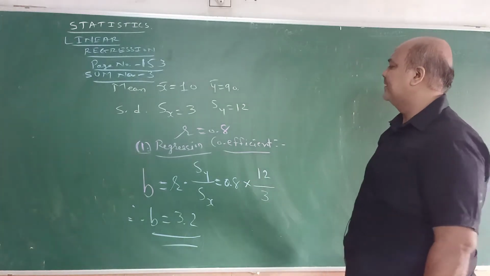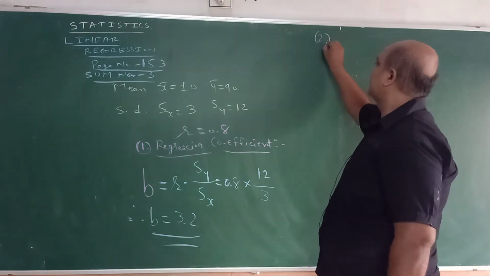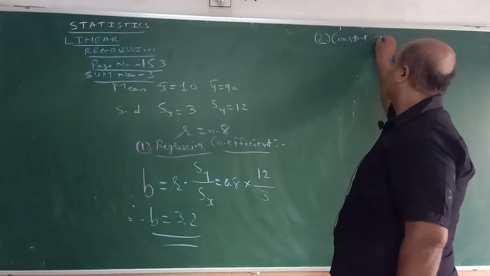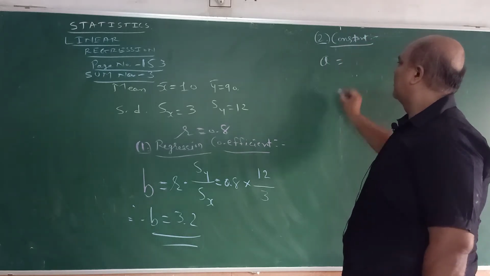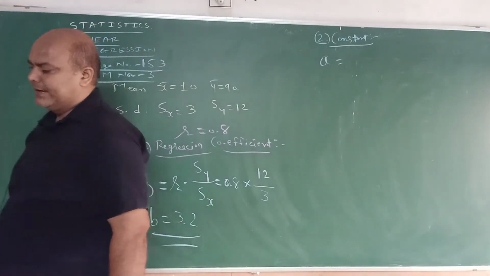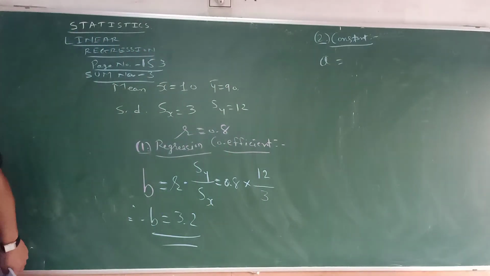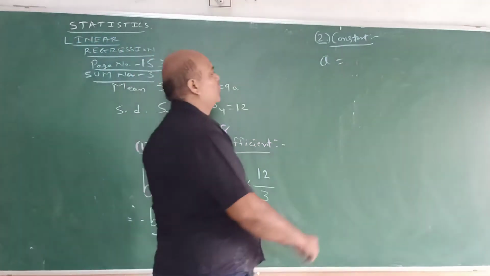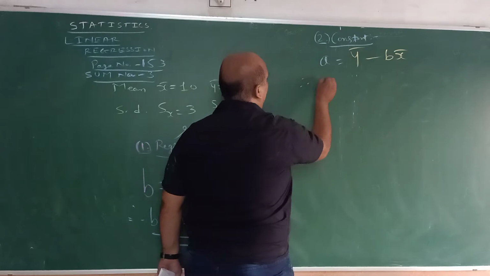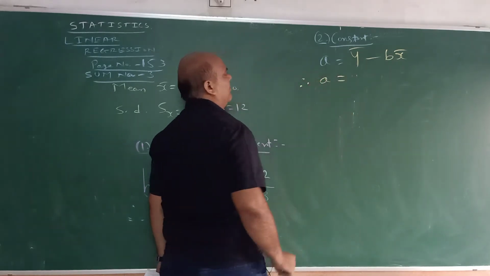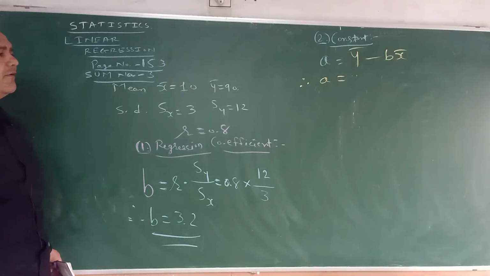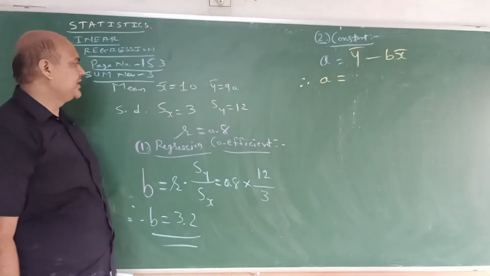Now the second step is the constant. The formula for the constant is a equals y bar minus b x bar. Y bar and x bar are already given, no need to prepare any additional column.